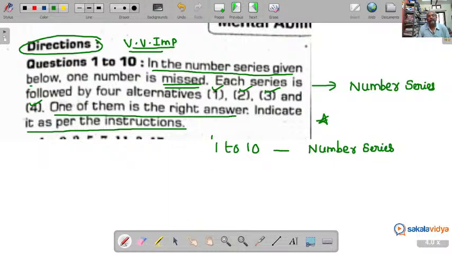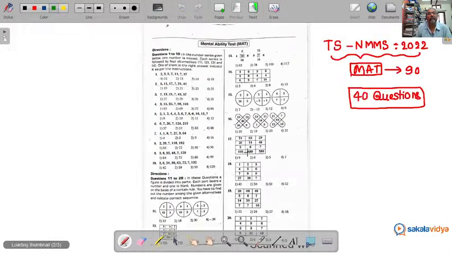A number series will be given with one number missing, which we need to find out. There will be 4 alternatives, and the correct option is to be selected and written in the answer sheet. Now let us move to the questions directly.